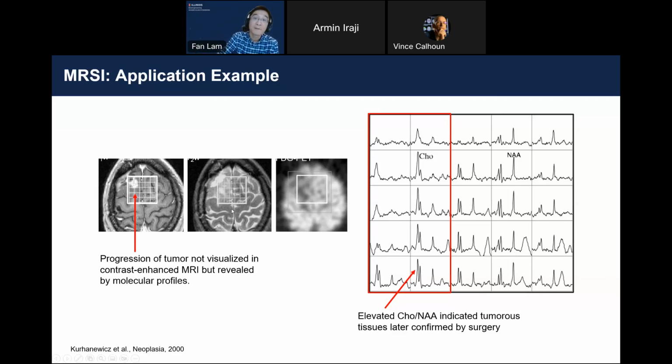And this was later confirmed by surgery. This early work really highlights the potential of having this multiplex molecular level information in helping us better diagnose and design better treatment or patient management strategies for different clinical populations.